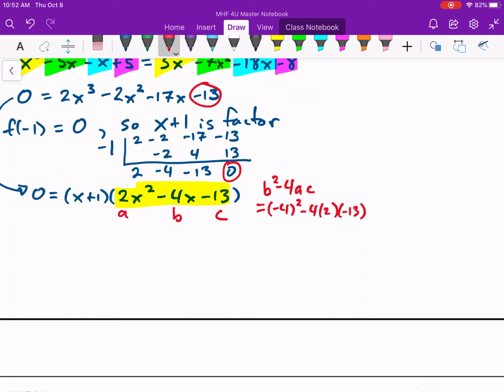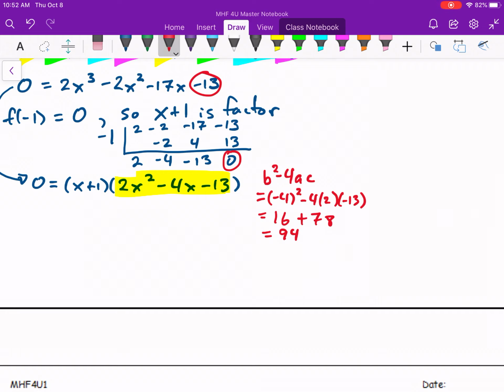Just to remind you, that's where I'm getting a, b, and c from. What I end up getting is 16 plus 6 times 13, which would be 78, I believe. Anyway, I'm pretty sure that's right, just doing it in my head, though. What I know for certain, though, is that I get a positive number. So remember, that just tells us that we've got 2 real roots.